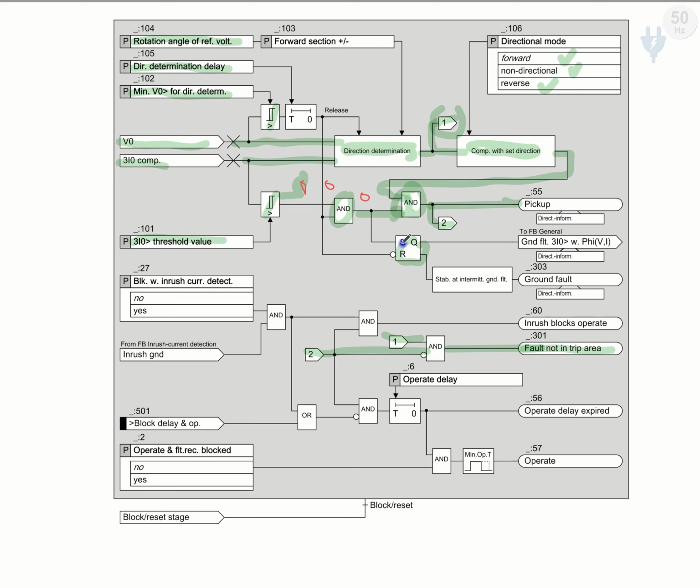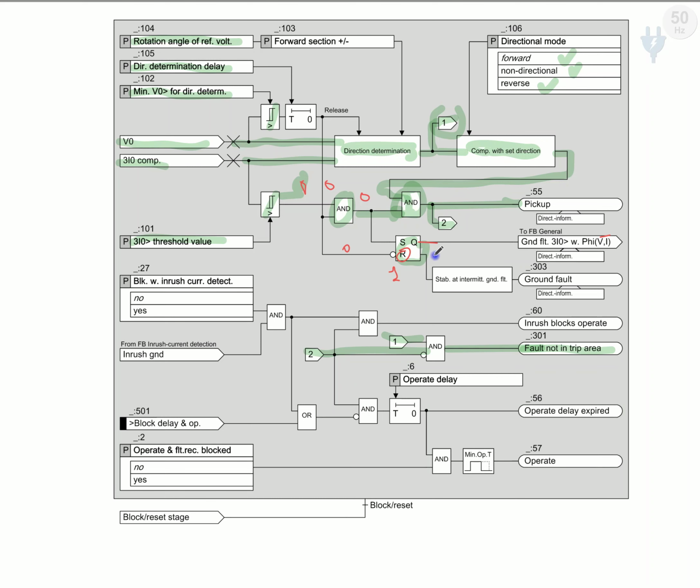And we don't have a set signal to trigger the Q output to determine that the ground fault method is phi of 3I0 greater with the phi of V0 and I0. But here the output from the voltage threshold is 0; we do not pass the threshold. Now it is inverted, so 1 is supplied to the reset terminal of this SR latch, the R terminal.